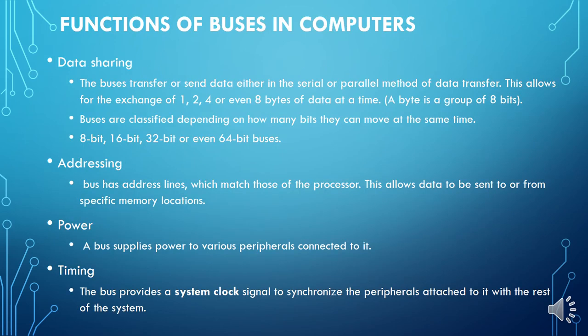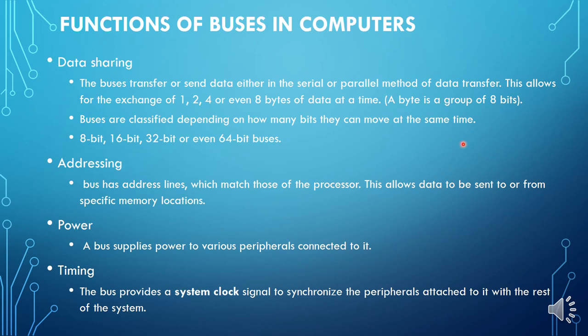Functions of buses in computers. The main functions are data sharing, addressing, power and timing. In data sharing, the bus transfers data either in a serial or parallel method of data transfer. This allows for exchange of 1, 2, 4 or even 8 bytes of data at a time.